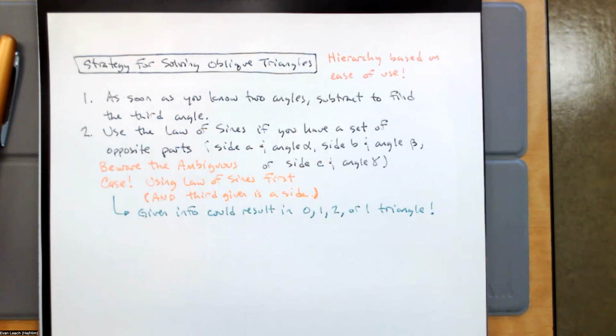I'm going to put in parentheses, and the third given is a side, because it's like you didn't notice that you could just subtract to find another angle. That's just me getting around my own semantics.